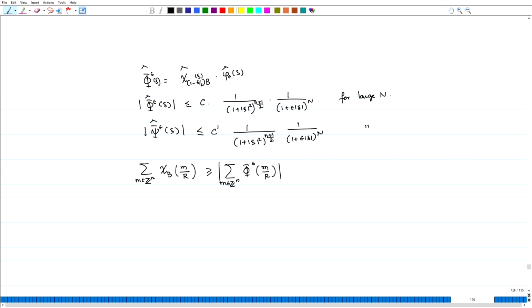and this is a non-negative quantity. So, this is greater or equal to this, and what we have seen is that phi epsilon as well as phi epsilon hat have the appropriate decay property.